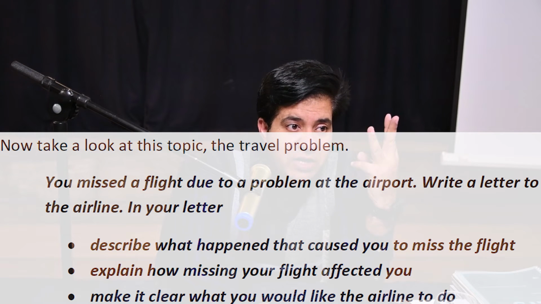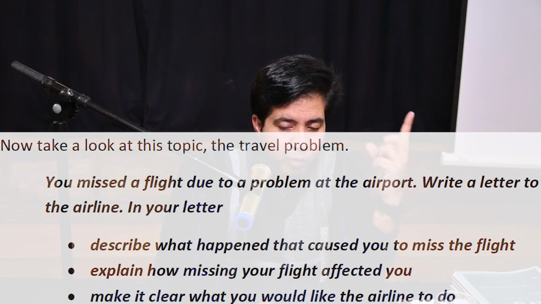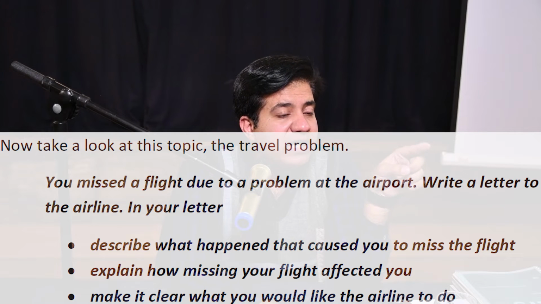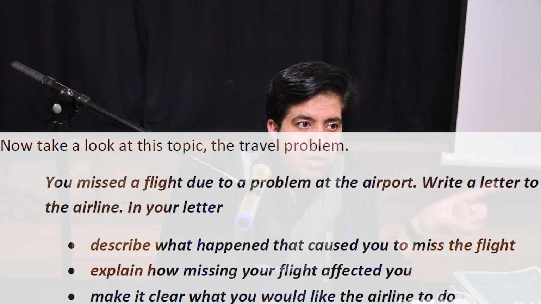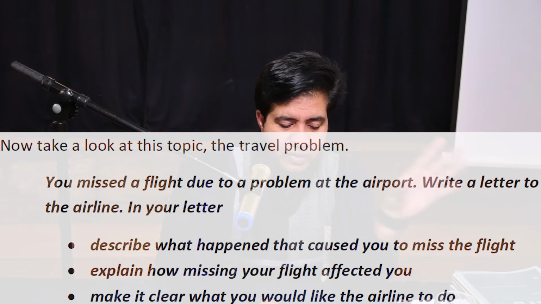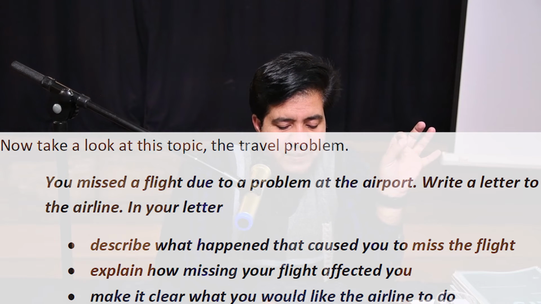Now we have 3 bullet points. Point number 1, describe what happened that caused you to miss the flight, and you're going to blame the airline. Like they gave me the wrong boarding pass, right? Or I was delayed at the gate or anything. Describe what happened that caused you to miss the flight.